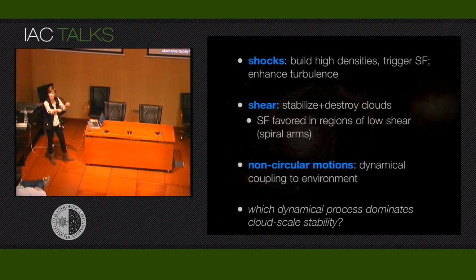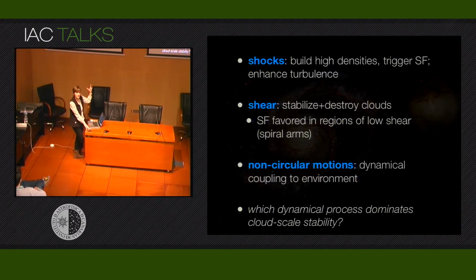So that is, you just have a clump of gas and you shear it out, right? Now, star formation should be favored in regions of low shear, and spiral arms are one such region of low shear, so keep that in mind. And then there's non-circular streaming motions, which by the end of the talk, I'll show you influence the coupling of clouds to their environment, so the dependence of the cloud and its properties on its surroundings.